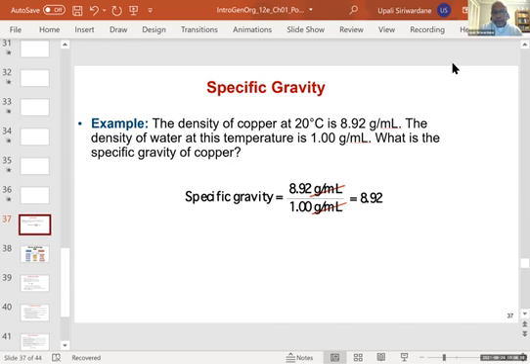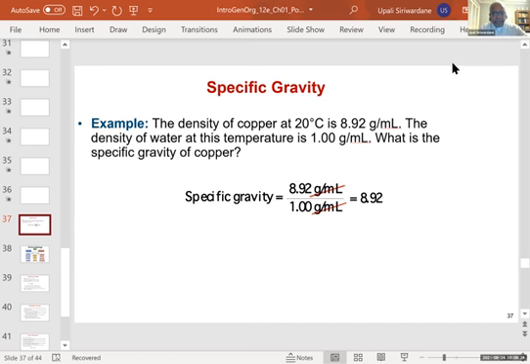So it's 8.92 without units. We identify materials by density and in many other ways using physical properties, such as melting point. Density and specific gravity are physical properties of certain compounds or elements.